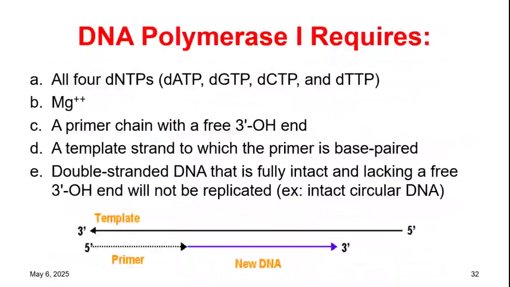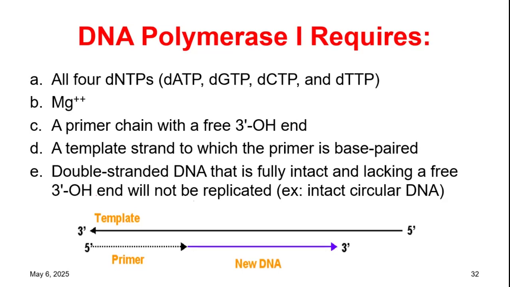So in the process of DNA replication, DNA polymerase will require certain things. One, the dNTPs. The dNTPs are the bases, which we say dATP, dGTP, dCTP, and dTTP, and then a cofactor known as magnesium, very important to stimulate and improve the overall performance.